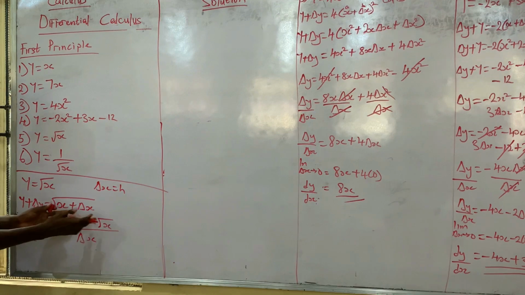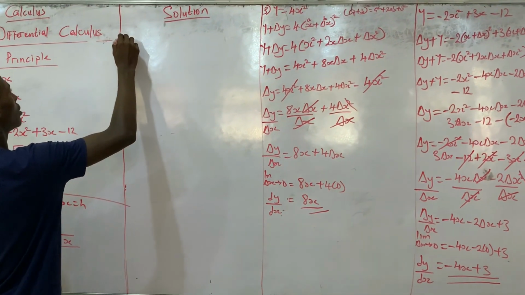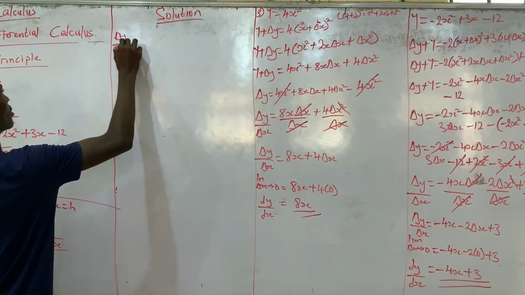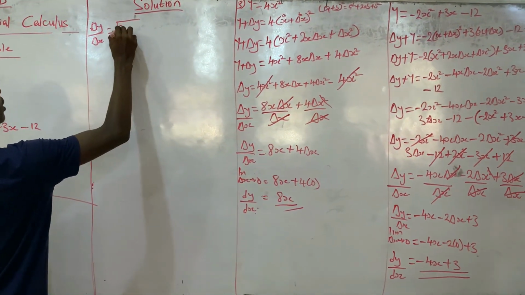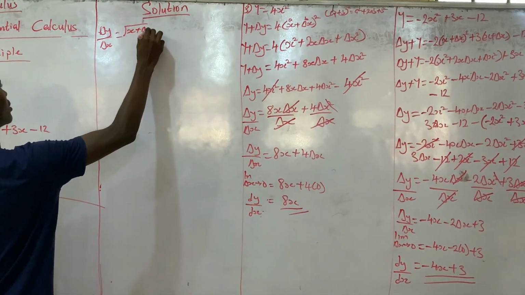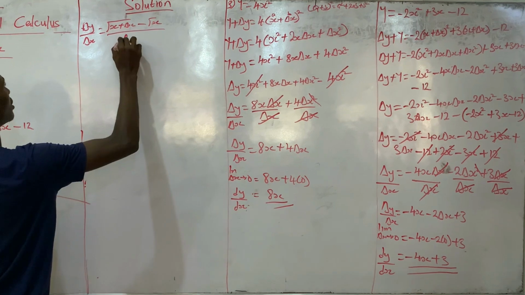Following the law of limits, we rationalize. Let me write our change in y over change in x first. This becomes root x plus change in x minus root x over change in x.